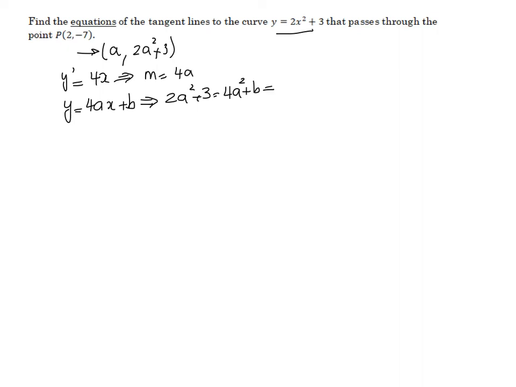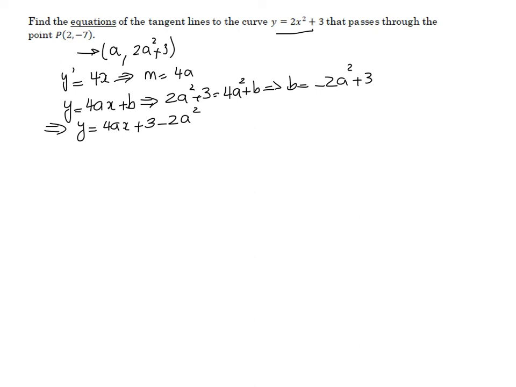So from here, I get that b is equal to negative 2a squared plus 3. So the equation of the tangent becomes y is equal to 4ax plus b, which is 3 minus 2a squared.